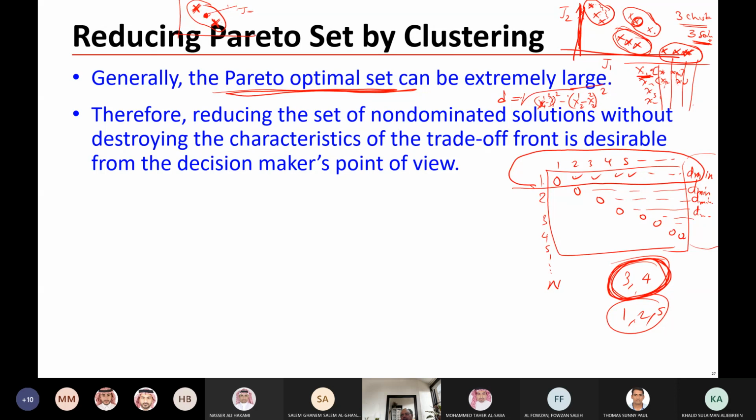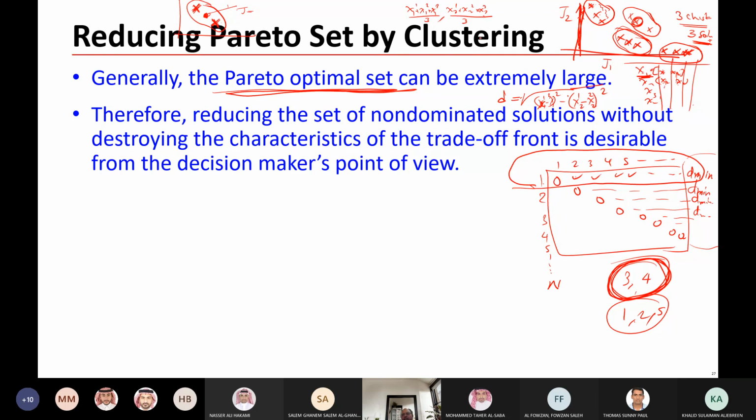So we get the average of the 3. This solution has x1, x2, x3. So you add x11, x12, x13 plus, over 3. So this is the average, x21, x22, x23 over 3, and so on.